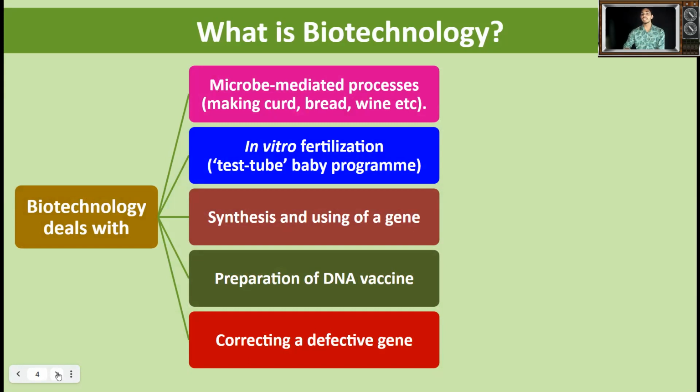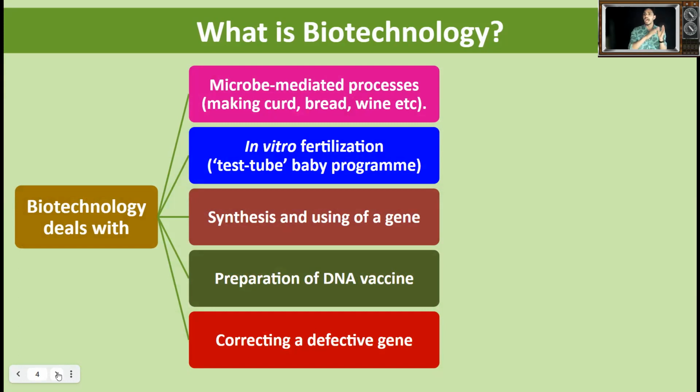The second is in vitro fertilization, that is the test tube baby program. We know that for zygote formation we need a male gamete and a female gamete. The male gamete is a sperm, the female gamete is the ovum. Suppose because of genetic reasons, stressful reasons, or some other problems, the zygote is not able to form.